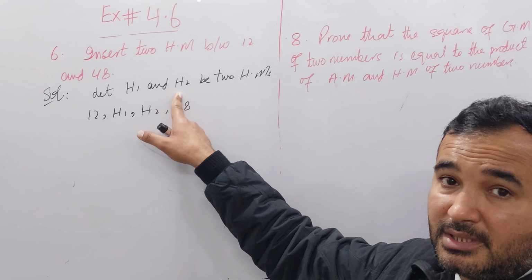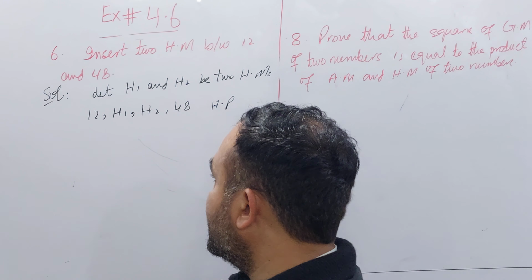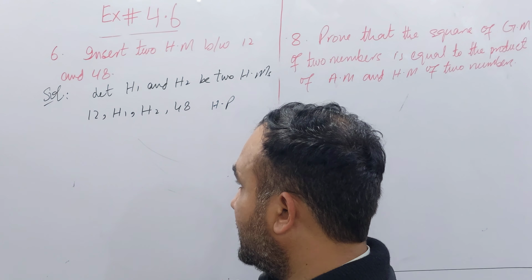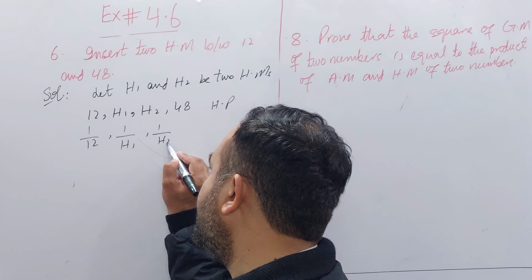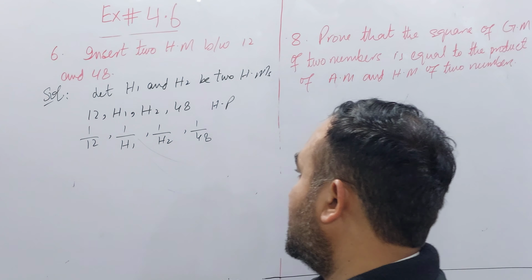The corresponding arithmetic progression will be 1 by 12, 1 by h1, 1 by h2, 1 by 48. So this is in arithmetic progression.